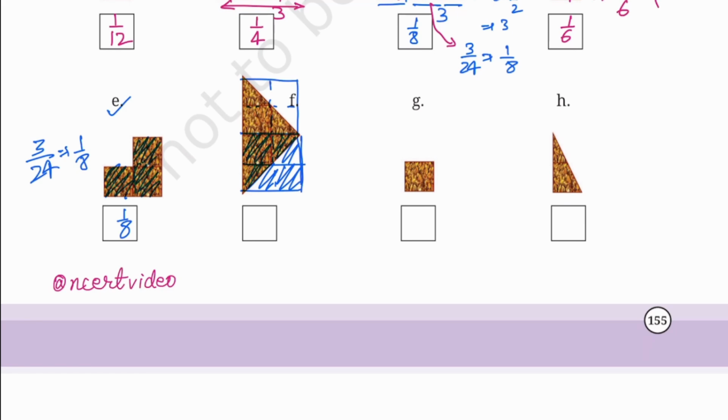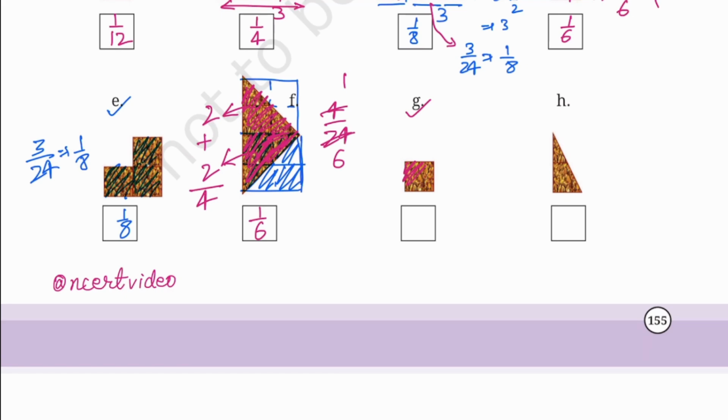So the triangle will have area of half of 4, that is 2. Similarly, this one half of 4, that is 2. 2 plus 2, 4. 4 out of 24. The answer will be 1 upon 6.